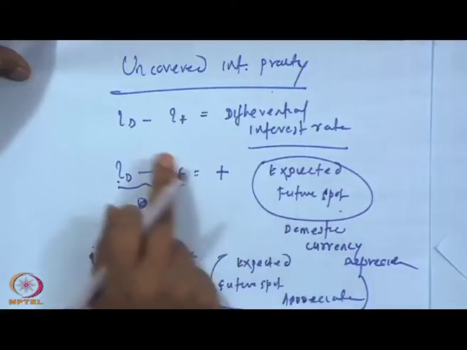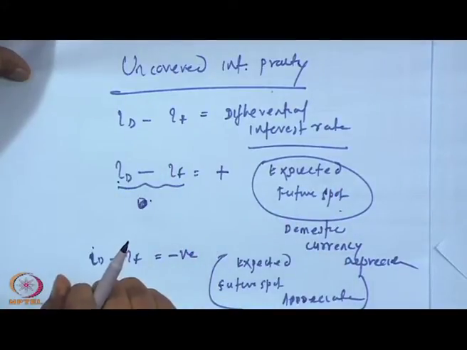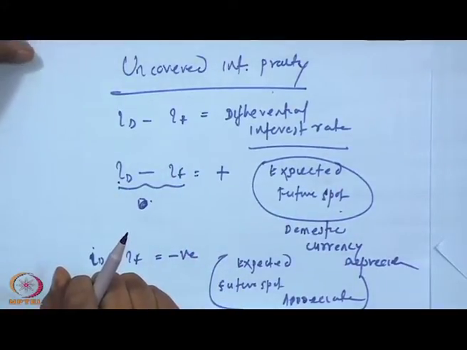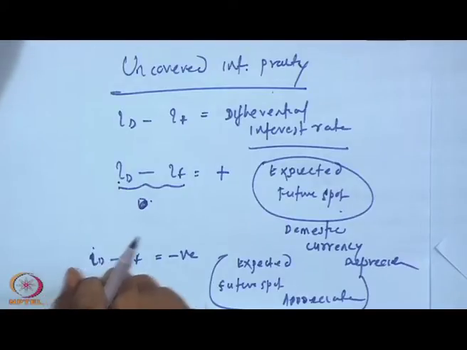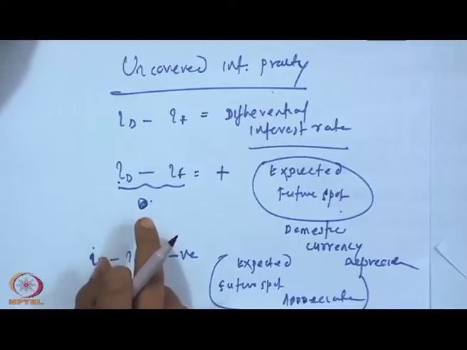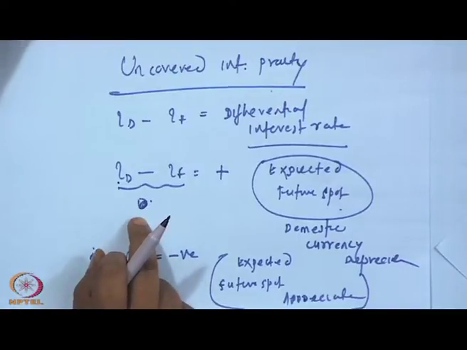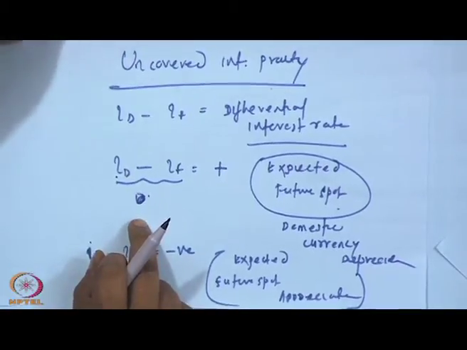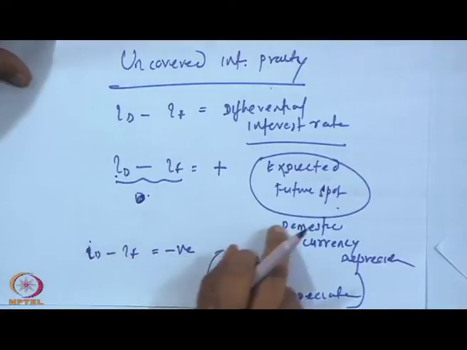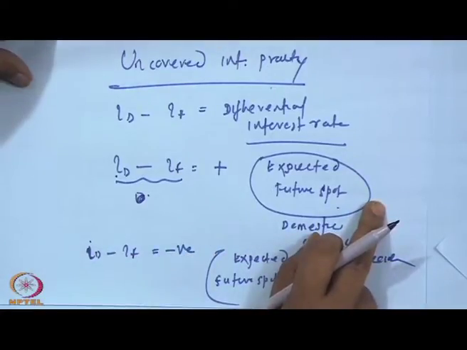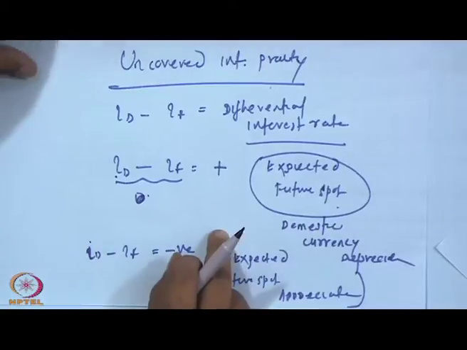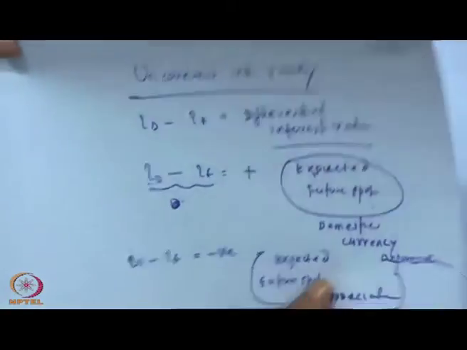Whenever there is a positive differential, that is domestic minus foreign is positive, this leads to depreciation of domestic currency, and if there is a negative differential, this leads to appreciation of expected future spot, and in this process the currency value is adjusted in the market.